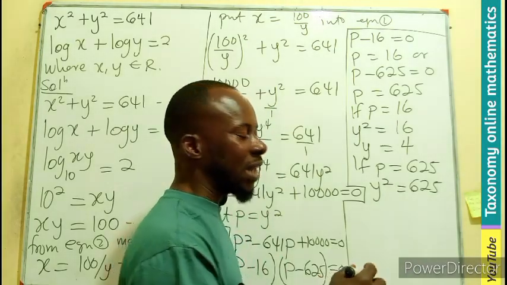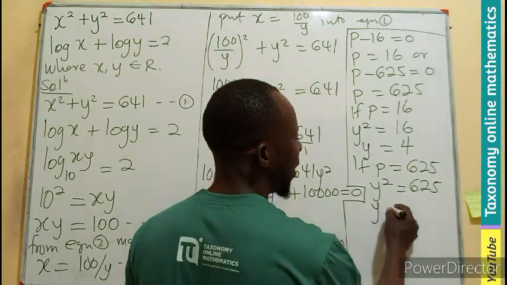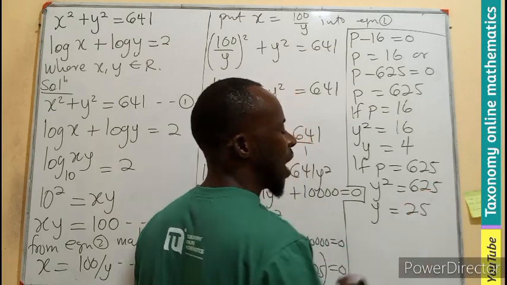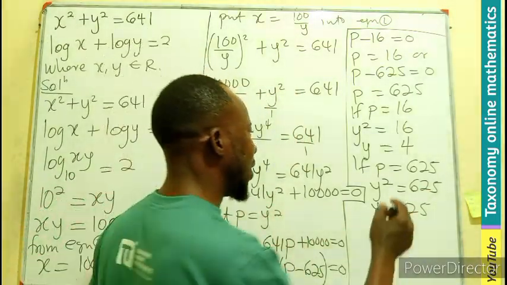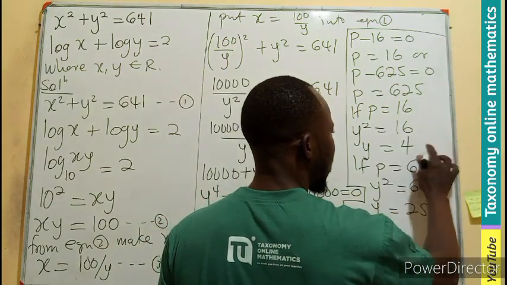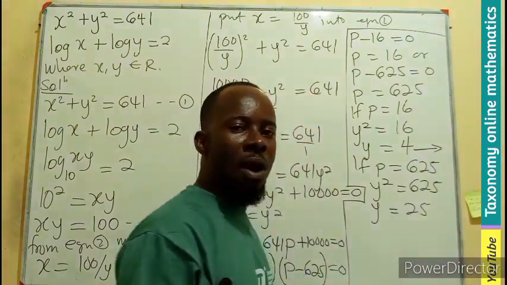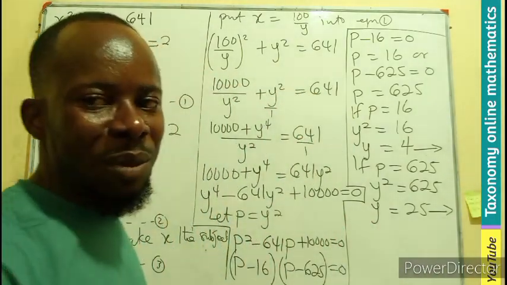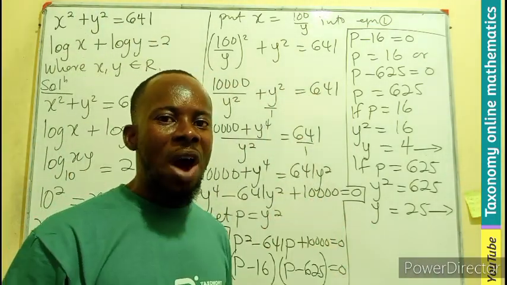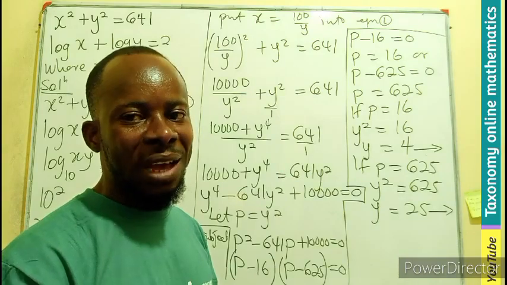Find the square root of both sides. That makes y equals to what? 25. So the values of y is either 4 or 25. But don't forget, we're not looking for only y. We need to find the value of x also.